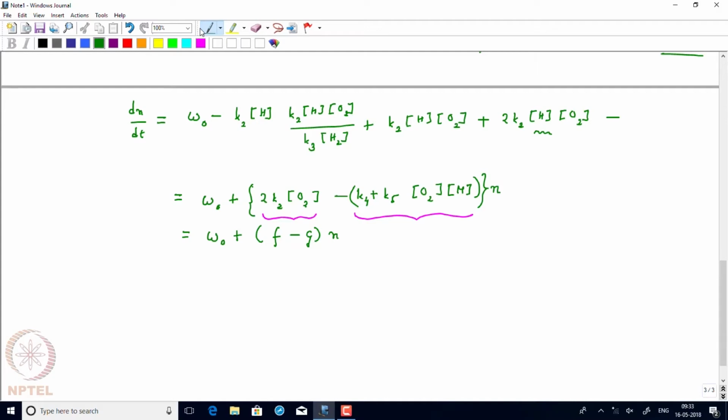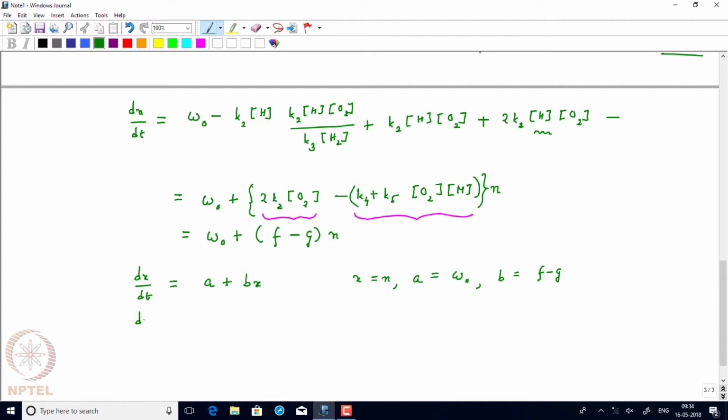And what we are doing here is we can actually think that this integration is nothing but dx dt is a plus bx kind of integration, where x is n, and a is omega 0, sorry, that's how we have written, and b is simply f minus g.